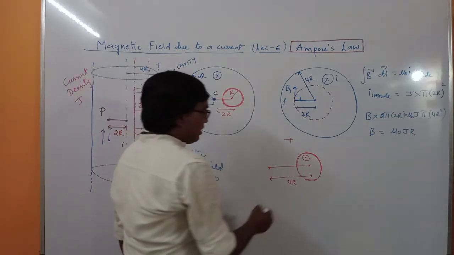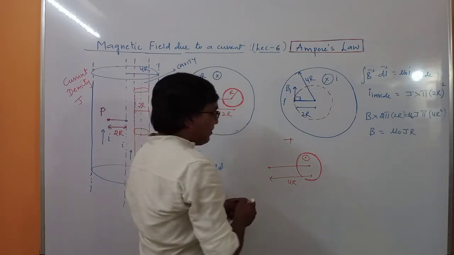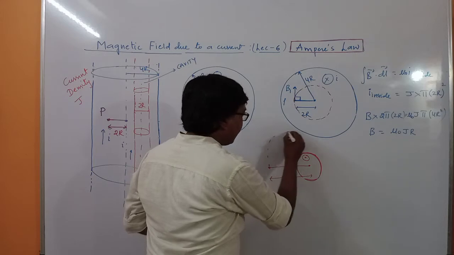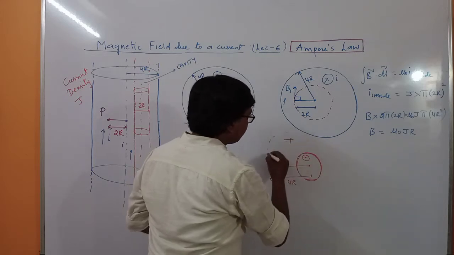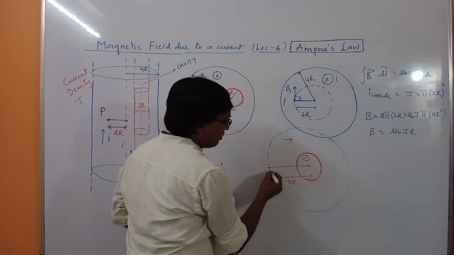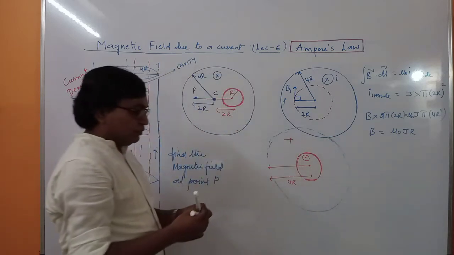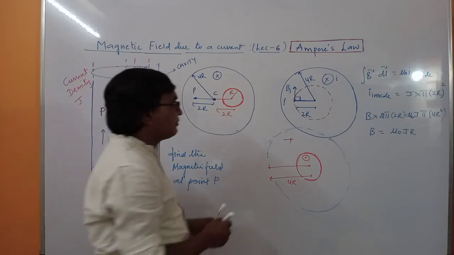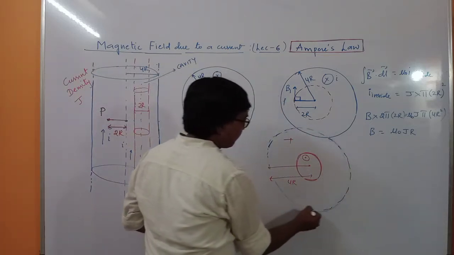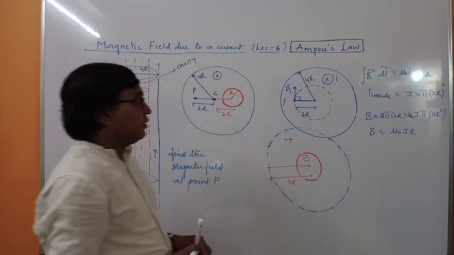Now we will consider Ampere's loop passing through a radius of 4r. So this will be our Ampere's loop. Fine.